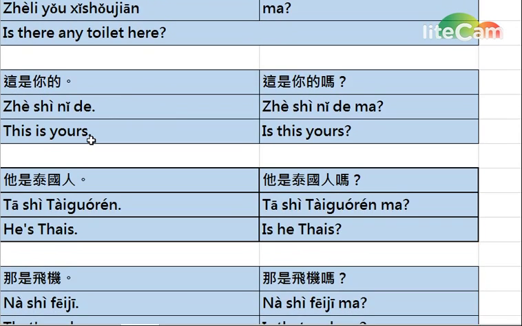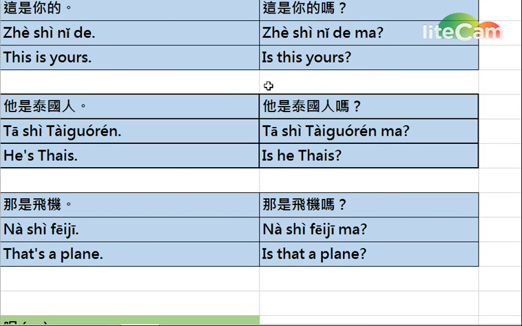And here let's have a look at these statements. For this one, 这是你的. It means this is yours. And this is the plain statement. If we change it to a yes-no question, we can add the ma at the end.